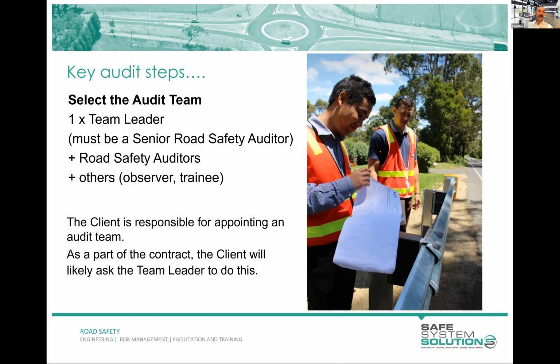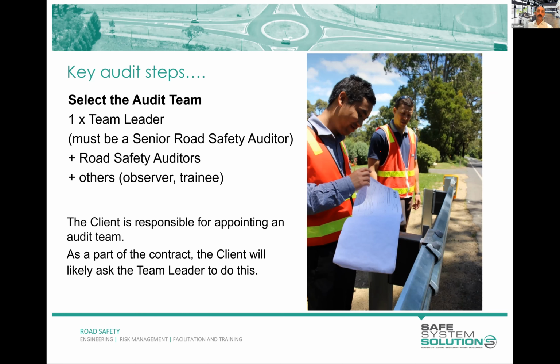You may have more than one level 3 auditor, but one of them will be given the hat as the team leader for that audit. There'll also be road safety auditors, level 2s and level 1s, who have completed courses and are continuing their learning journey and contributing. And then you could have others, and we call them observers or trainees.